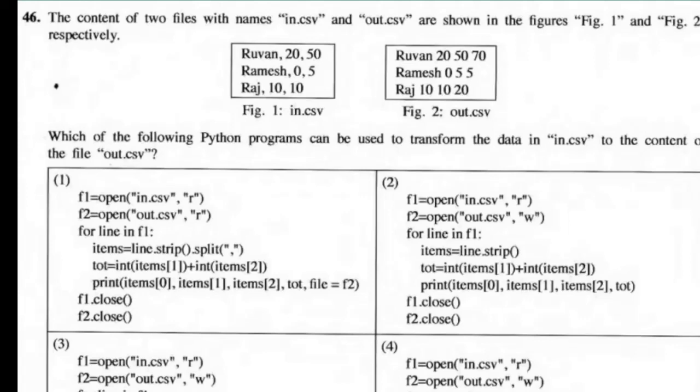Now line.strip means it has been separated into 3 different fields: 1, 20 and 50. 1 is the 0th one, 20 is the first one, 50 is the second one. Now in the second statement, we will add the items 1 and items 2. We have to convert into integer because they are character strings now, right? And 70, print items 0, go to the other one.